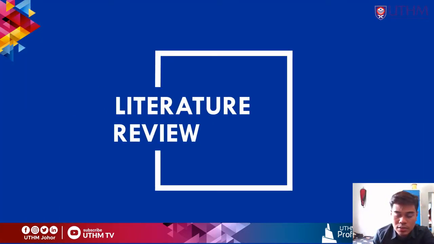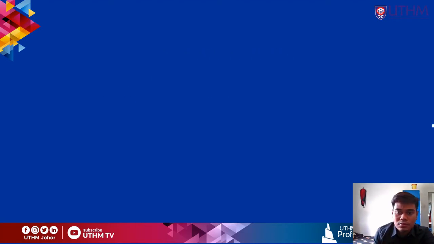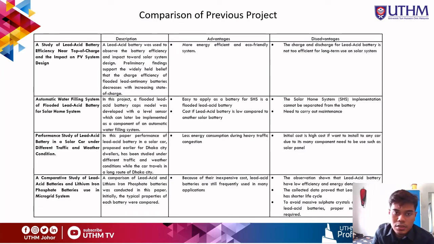Okay, this is chapter 2, which is the literature review. This is the table of comparison of previous projects that are related to my research. So as we can see, I found 4 related projects, and I focus on the project titled a comparative study of lead acid batteries and lithium iron phosphate batteries used in microgrid system.